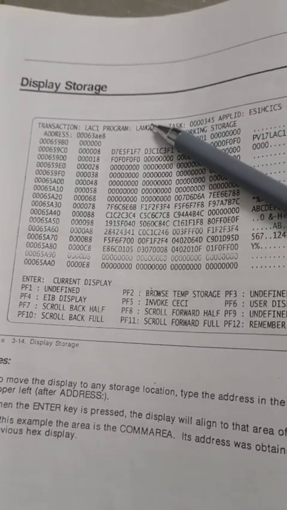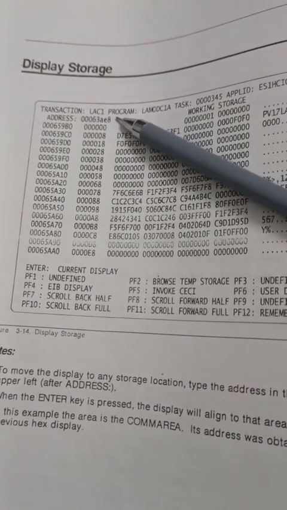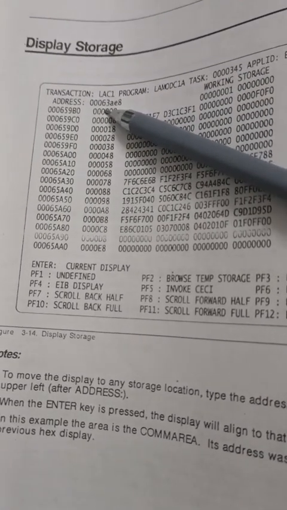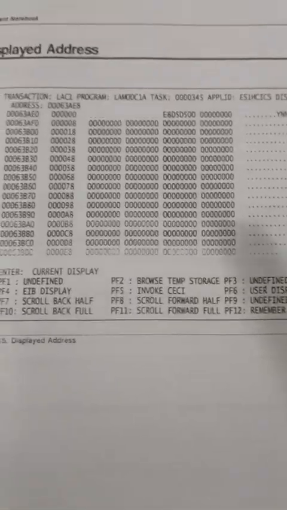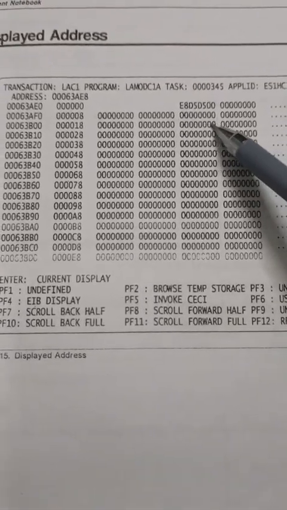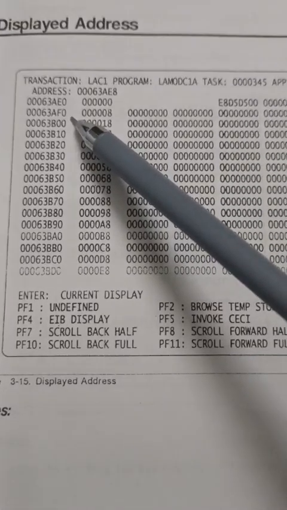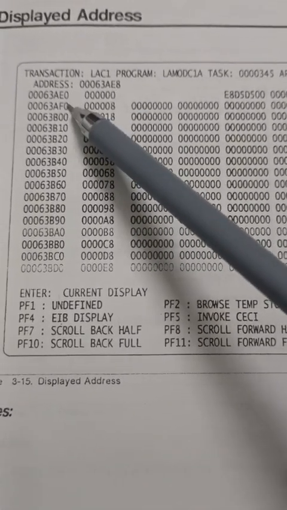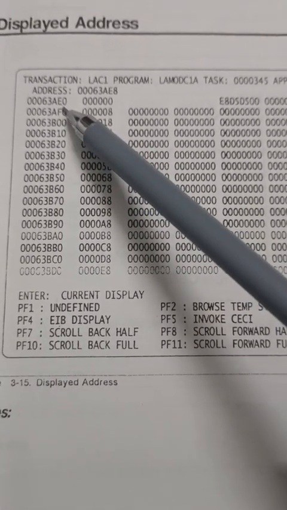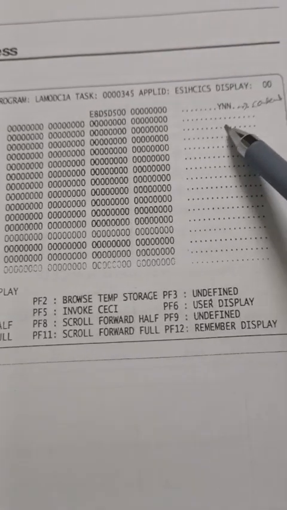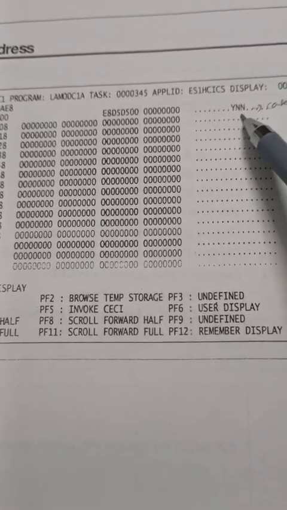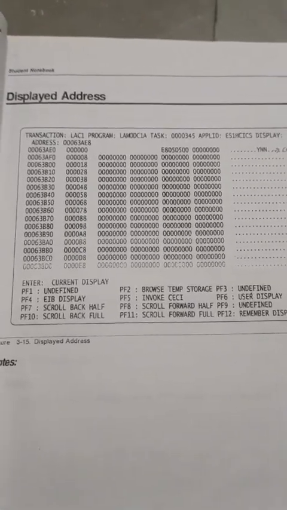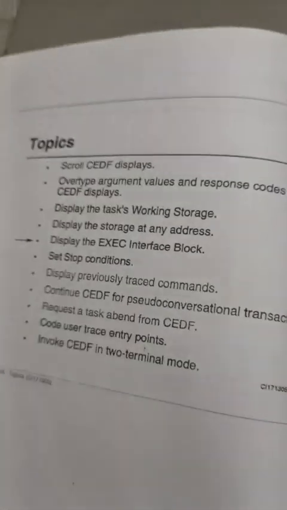If you want to see any hexadecimal address, type it in the address field and press enter. Then this screen will come with the address 63AE8, the value you entered on the screen, showing the data for the corresponding address.